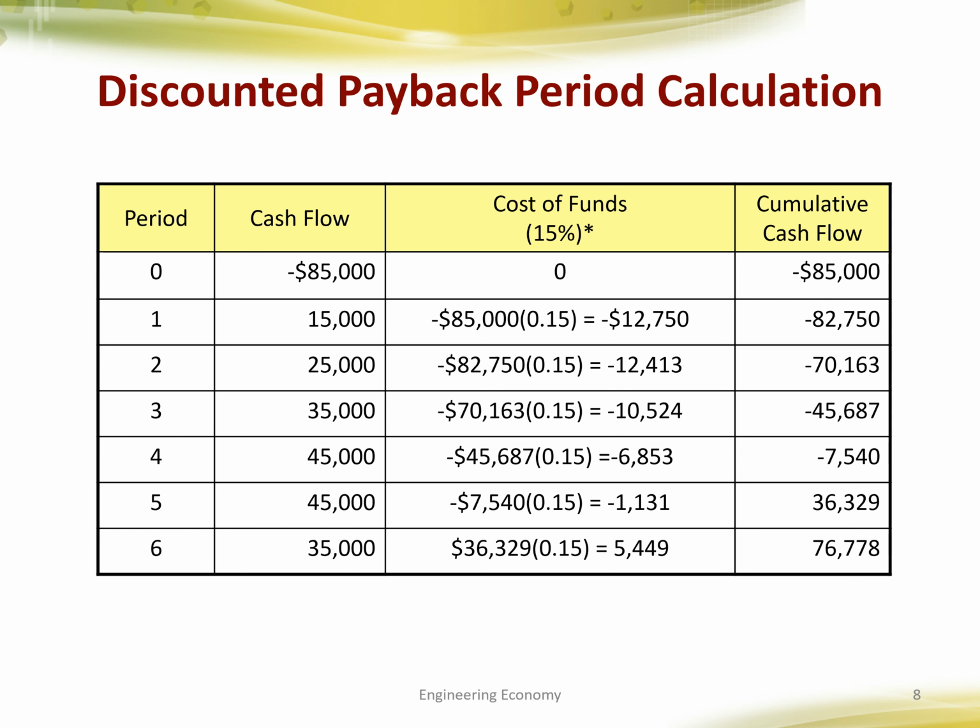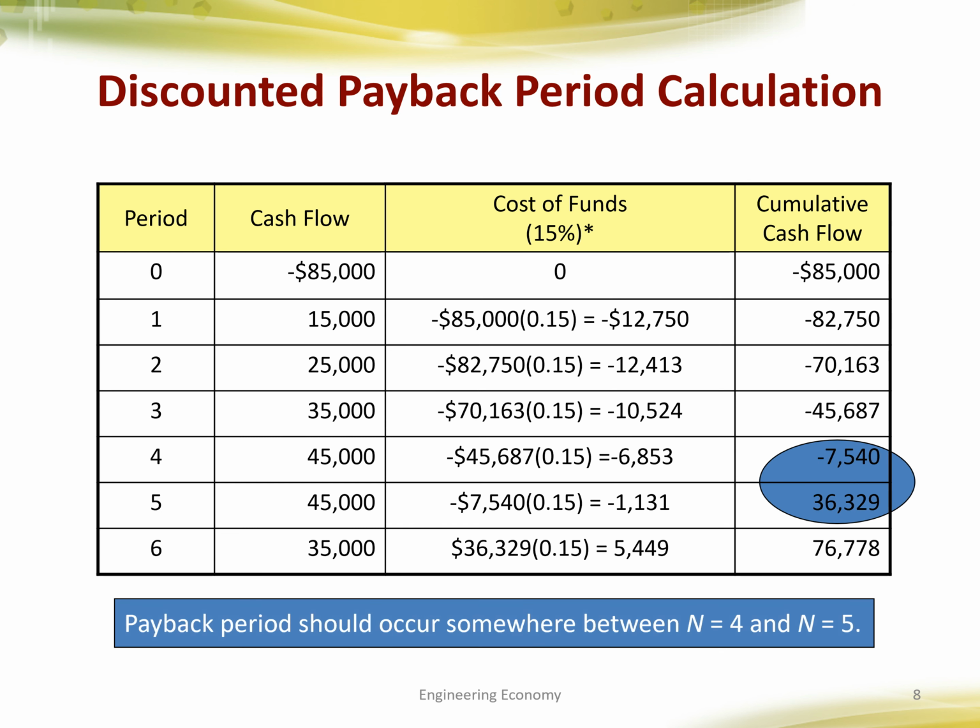But anyway, when you reach that point, from negative to positive, based on our explanation in the previous slide, you know that the payback period, based on the discounted payback period calculation, should be somewhere between 4 and 5. Meaning that it's 4 point some years, and we can again compute the exact time by interpolation.